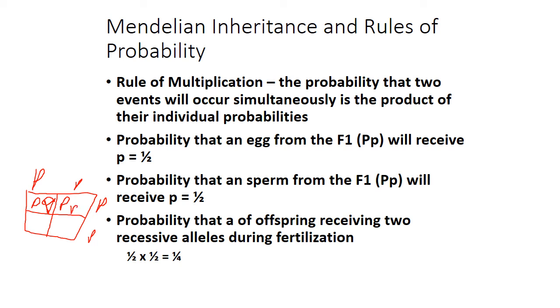And we always want to put the uppercase letter first. This is just to make it a lot easier to read whether it's homozygous or heterozygous. What we see is right here, this little p little p is only 1 out of the 4. So that 1/4 probability shows.